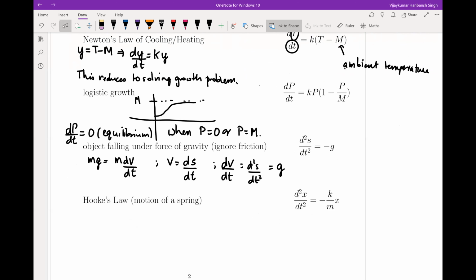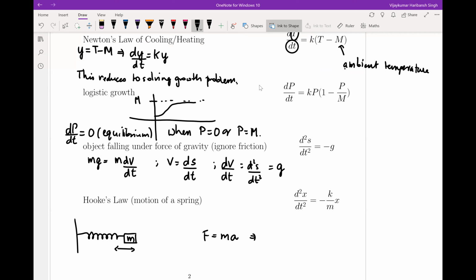Similarly, Hooke's law is a motion of spring. So the idea is you have a spring to which you have attached a mass m. Then if you have a motion here from the x, in this case, we have F equals to ma.